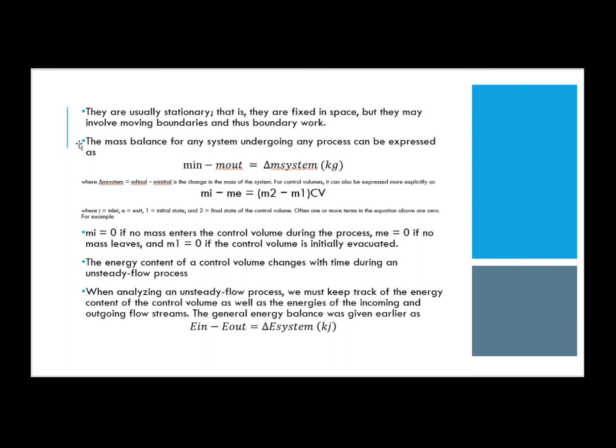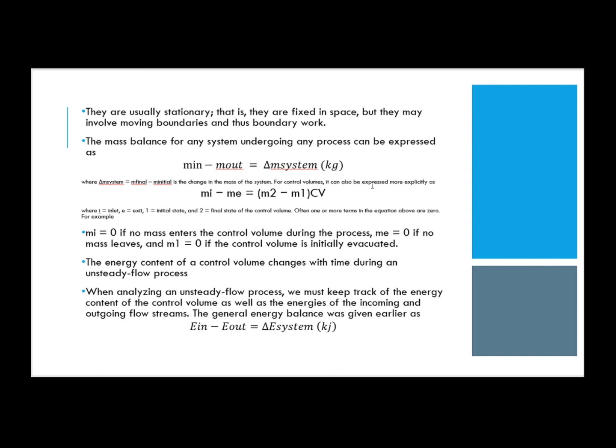The mass balance for any system undergoing a process can be expressed as m in minus m out equals delta m system, in kilograms, which is the mass, where delta m system equals m final minus m initial is the change of the mass of the system.